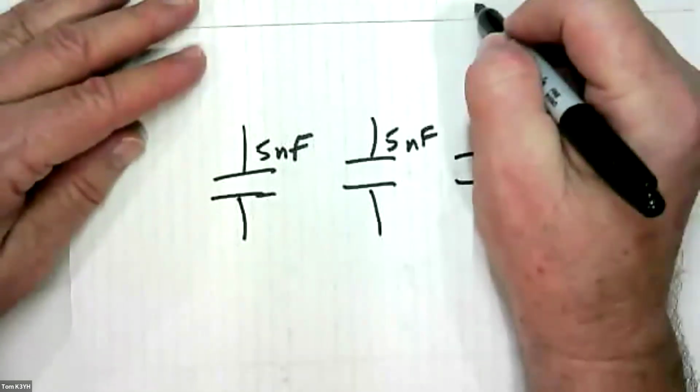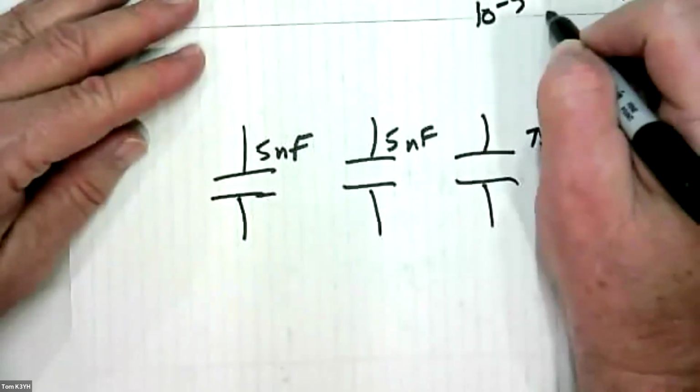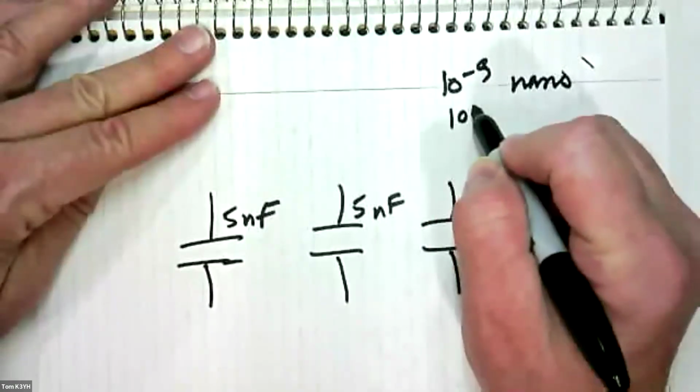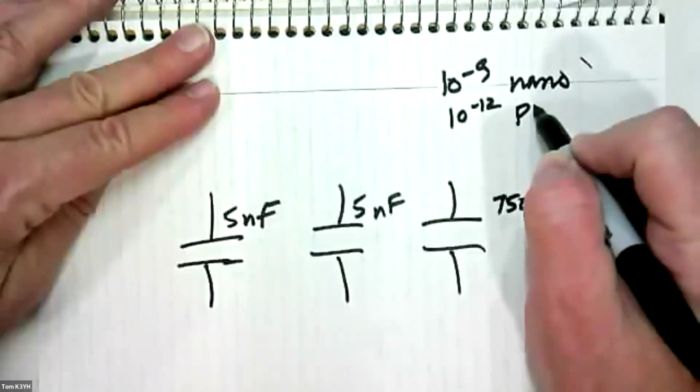Okay, so a nanofarad is 10 to the minus 9th, and 10 to the minus 12 is picofarads.